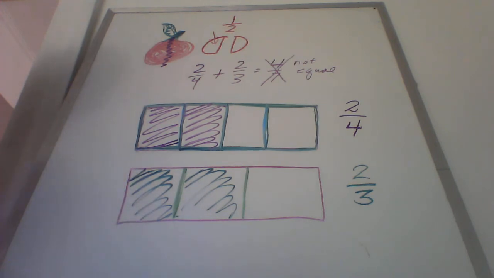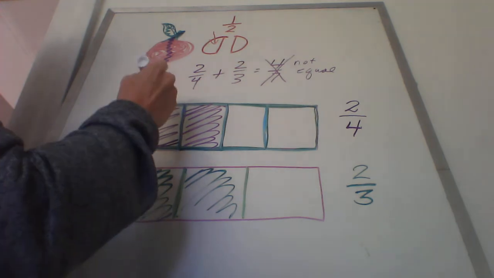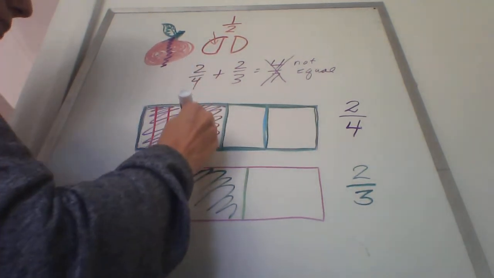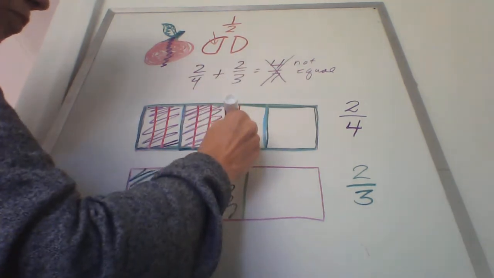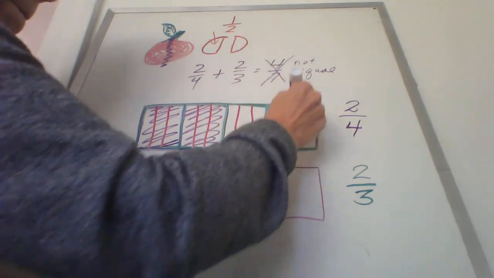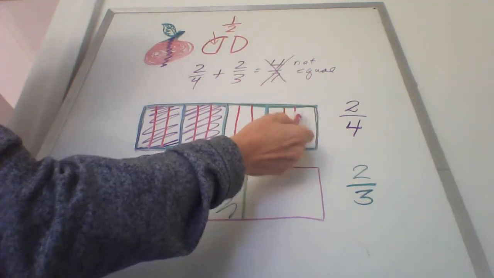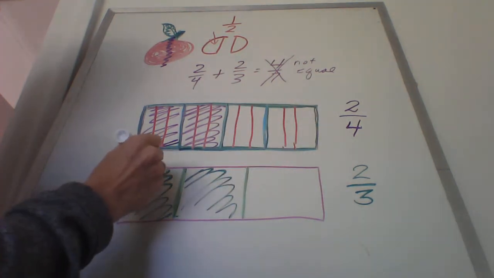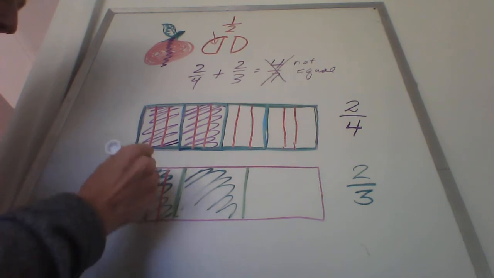So now I want to break this up into 12 pieces on each. To do that, I have to split each one of these in 3. Okay, so 4 times 3, I've got 12 pieces here. This one, I've got to split each of these into 4.